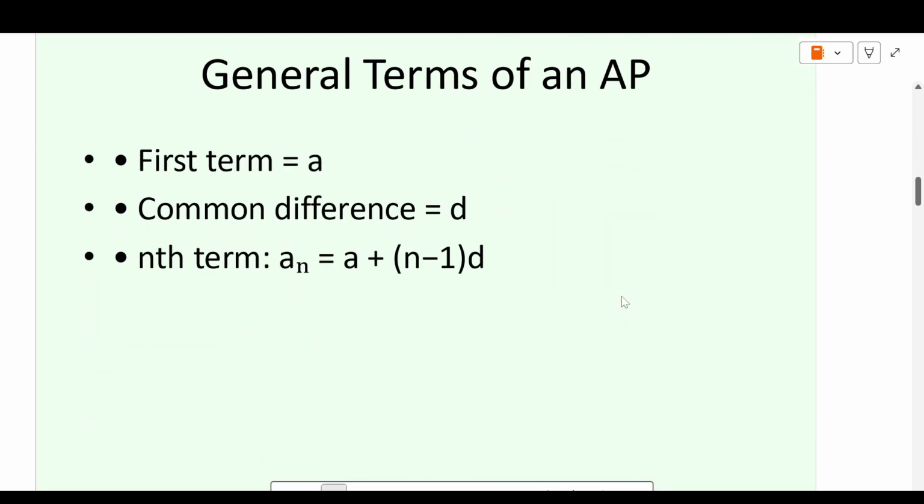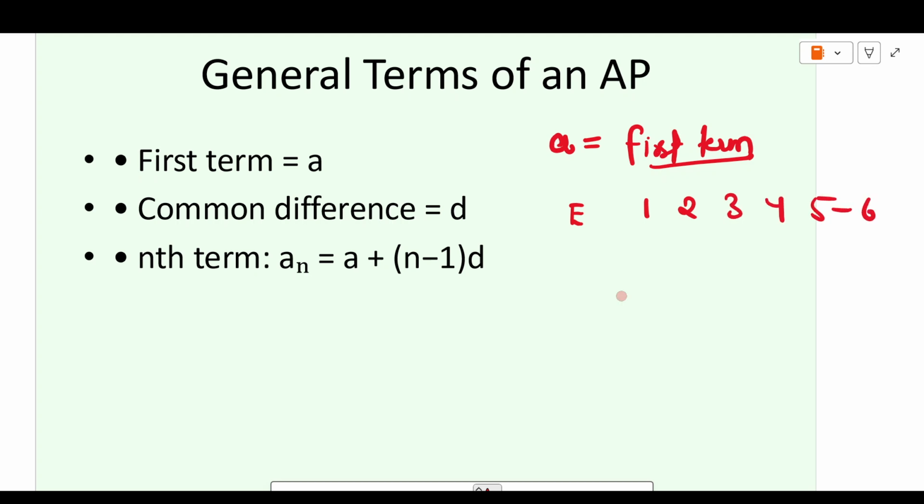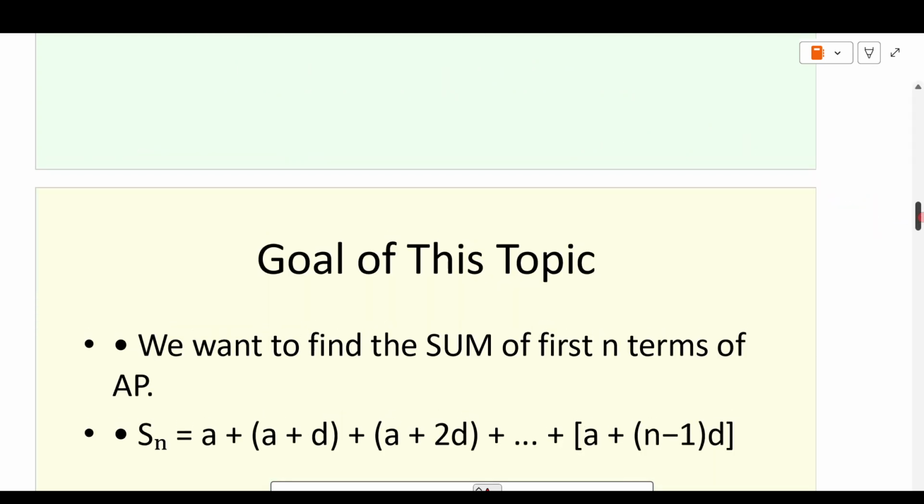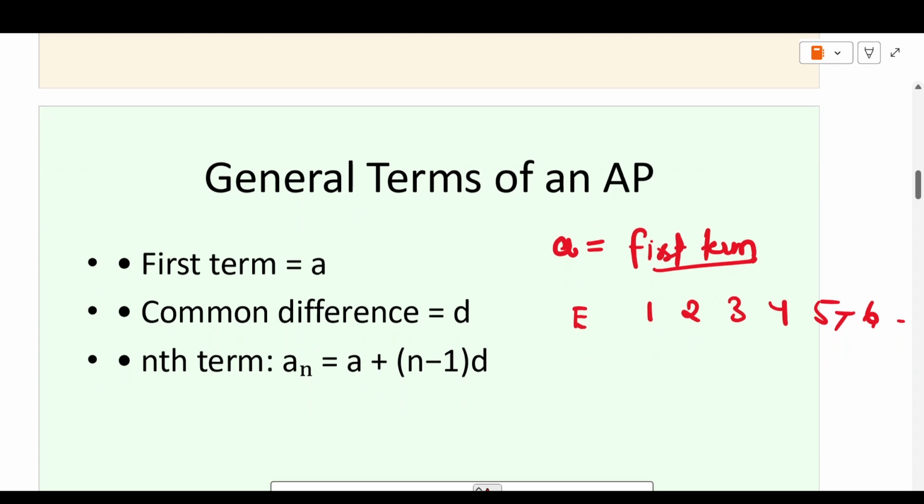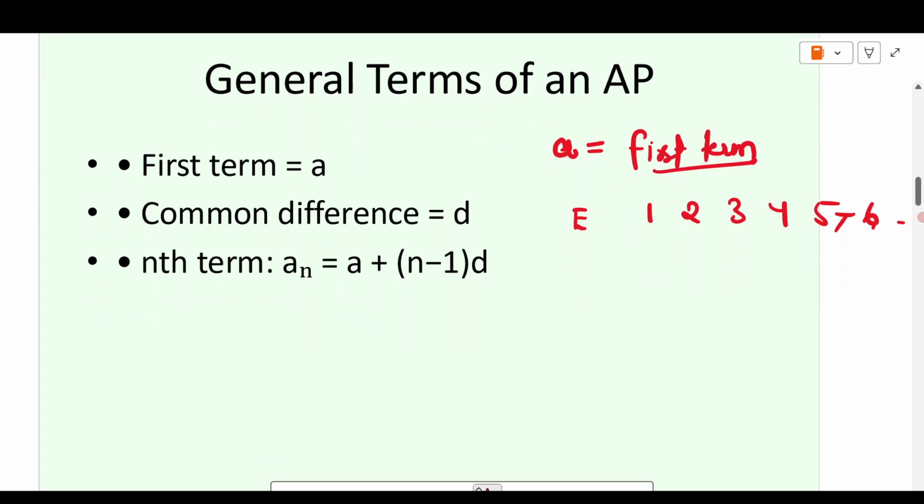Now, what is the general term of an AP? A, what is A? A denotes the first term of the sequence. For example, here 1, 2, 3, 4, 5, 6 and so on, right? This sequence is an AP.